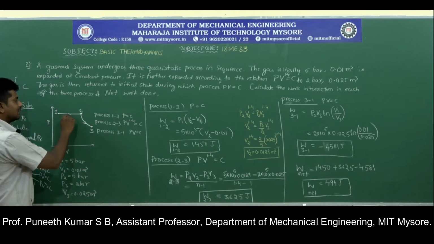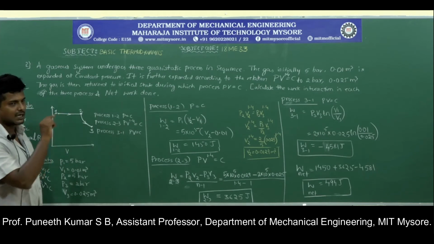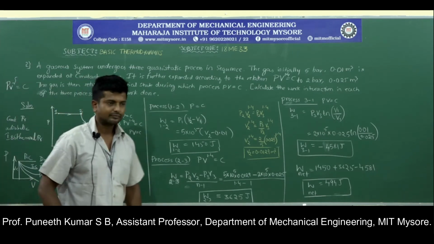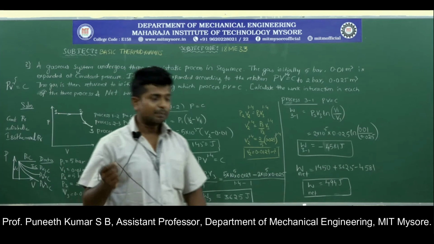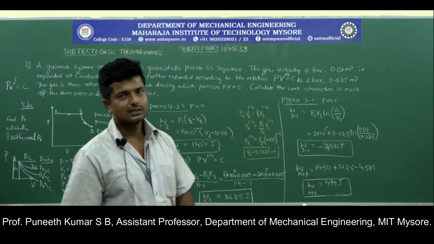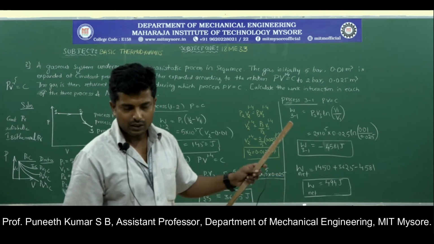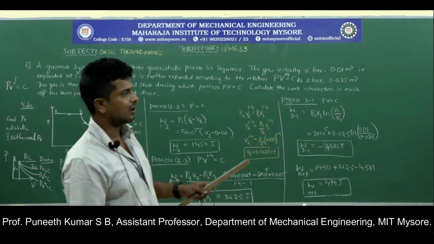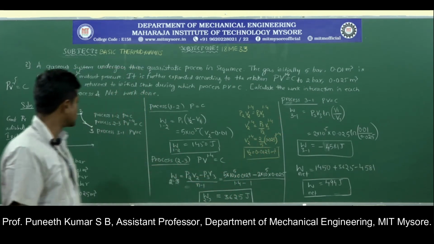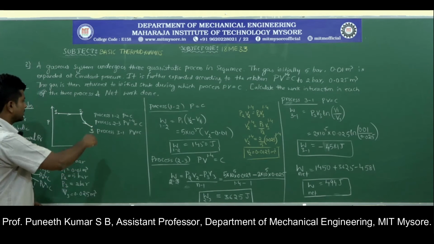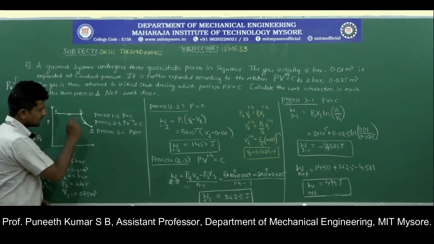Now we can see the arrowheads pointing towards the right. That means both processes are work done by the system, or both the processes are giving out work.